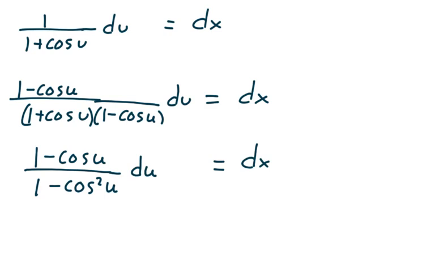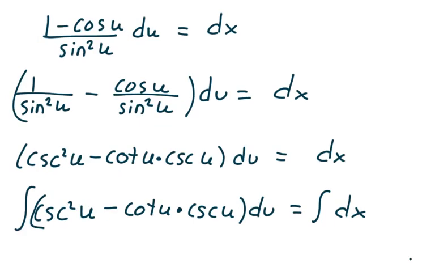So 1 minus cosine of u over 1 plus cosine u times 1 minus cosine u du is equal to dx, which says 1 minus cosine u over 1 minus cosine squared of u du is equal to dx. But remember, 1 minus cosine squared u is equal to sine squared of u. So 1 minus cosine of u over sine squared u du is equal to dx.